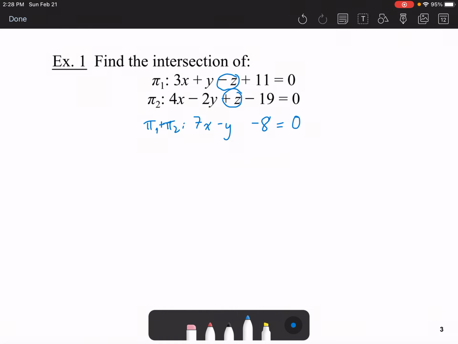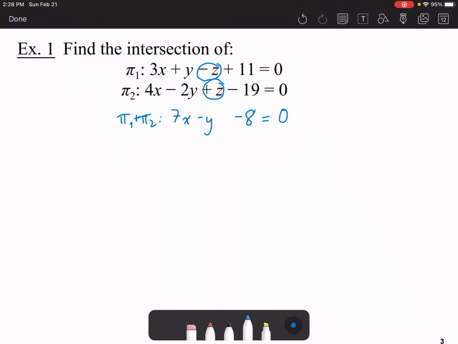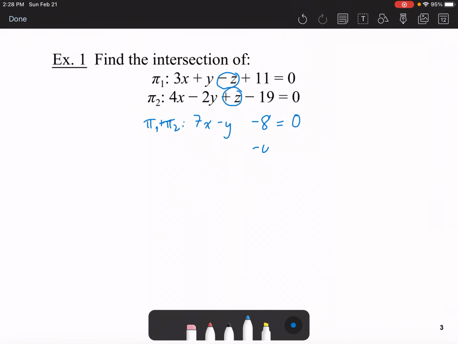Well, what you can notice now is I can actually solve this in terms of y. So I get y is equal to 7x minus 8. So this will allow me to actually come up with parametric equations that I can possibly use.